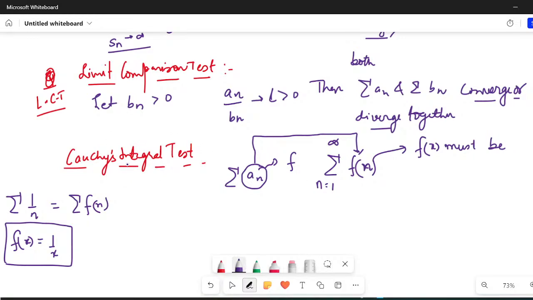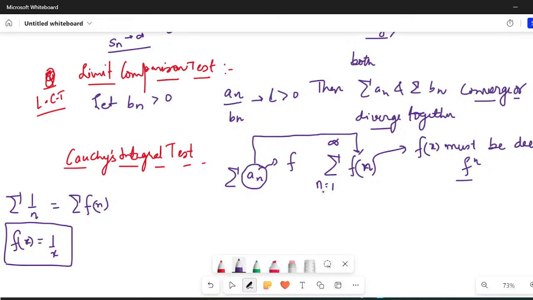The limit comparison test is easy. I'll let you know through questions only, and we'll understand this. So f of x must be a decreasing function at first. If this is a decreasing function, then instead of finding this summation, try to find an integration.